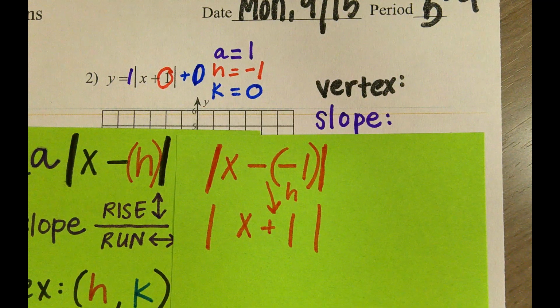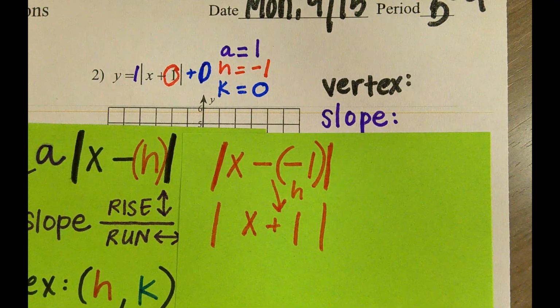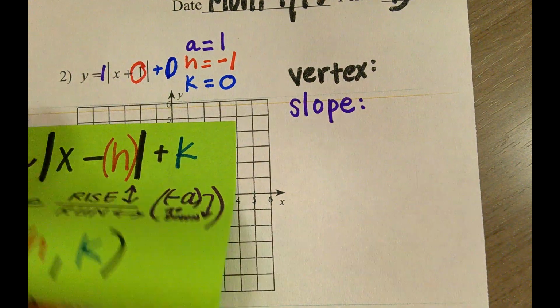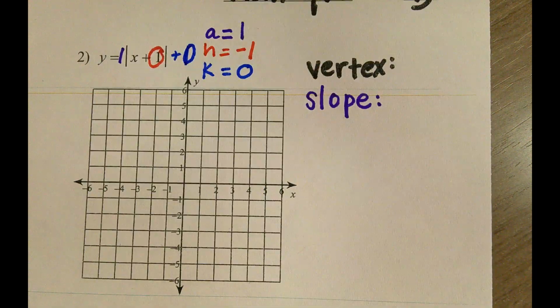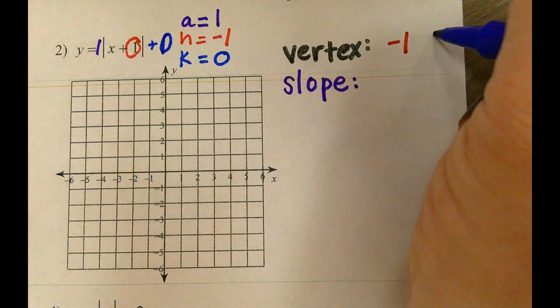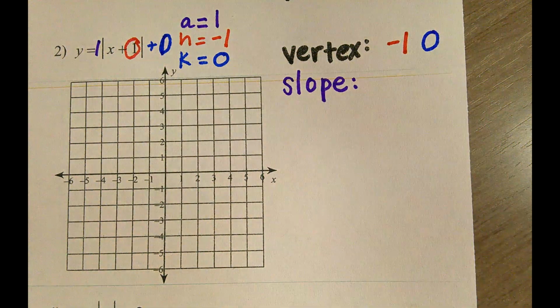Okay, so I know what A is. I know what H is. I know what K is. What's my vertex? The vertex is going to be negative 1, 0. Yes, my vertex is HK, and H is negative 1, K is 0. So that is my vertex.